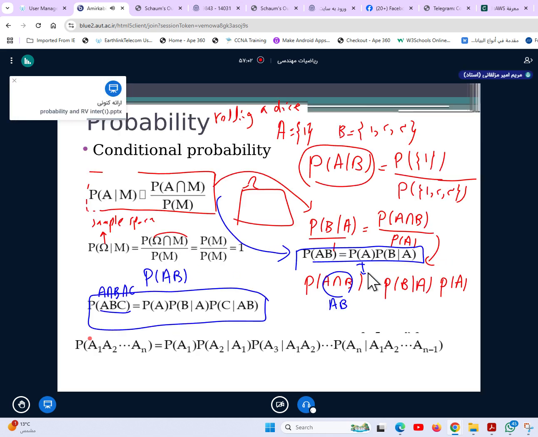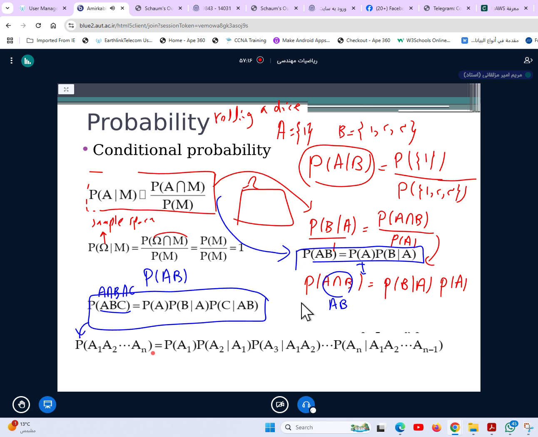Okay. Now we can generalize this formula for a more general case. Please consider this formula: probability of A1, A2, to AN. We have n events here, and we want the probability of intersection of these n events, A1, A2, to AN.